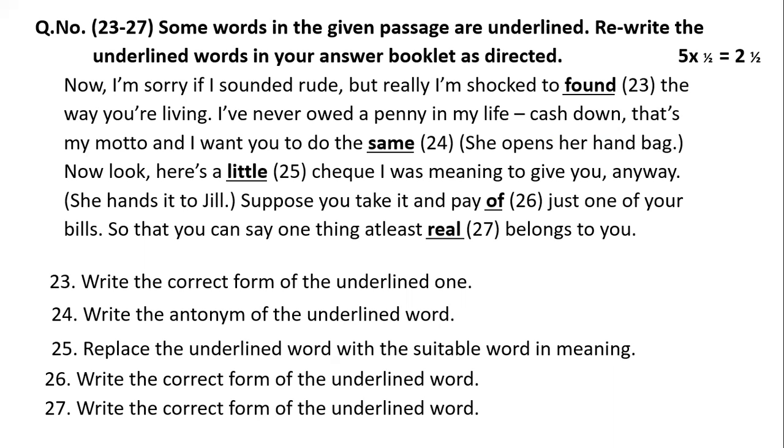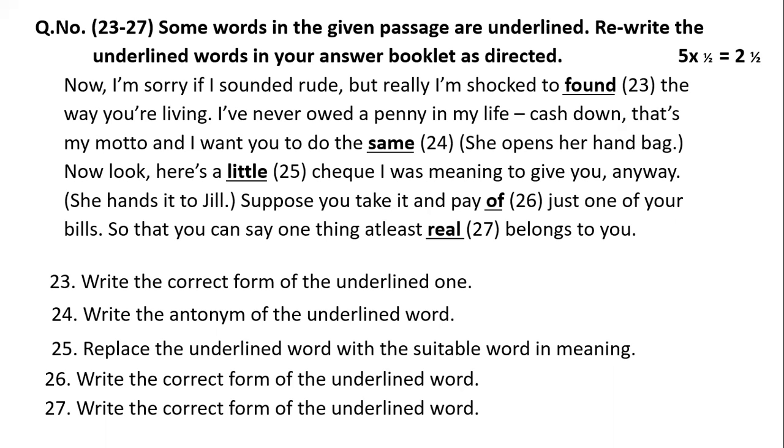Okay, now 26th question, because the question number has come. Look at the question. Write the correct form of the underlined word. You have to write the correct form. So off is wrong. Okay, pay off. He has to pay off the bill. Okay, OFF. Just one of your bills. So the preposition will not come over there.